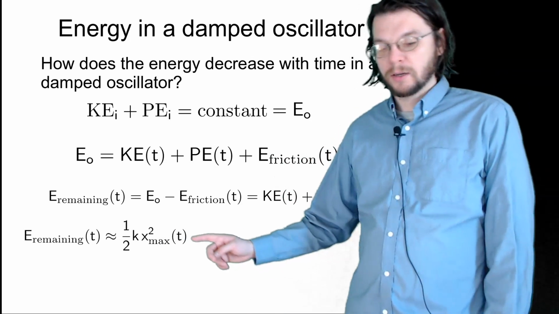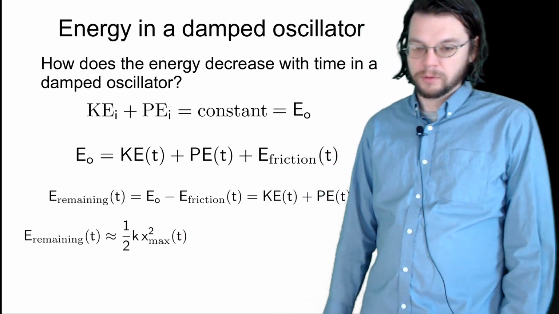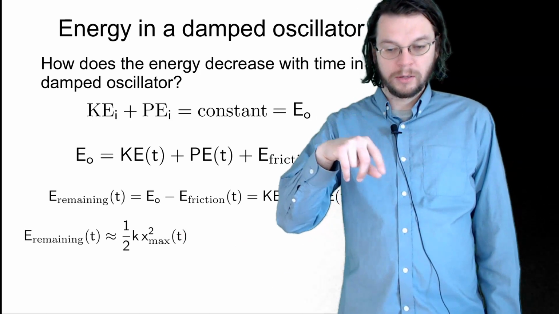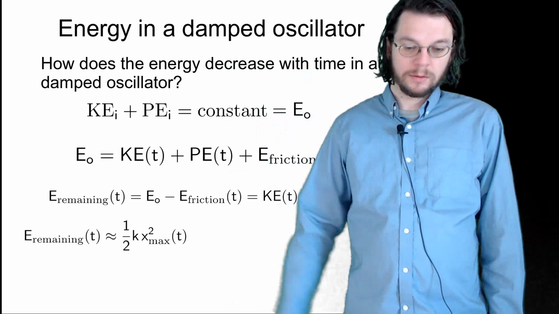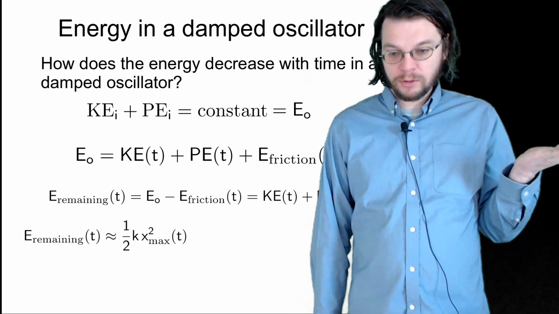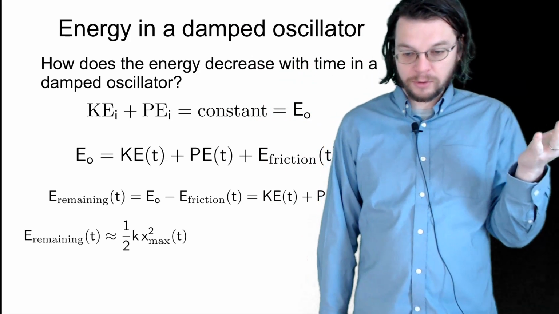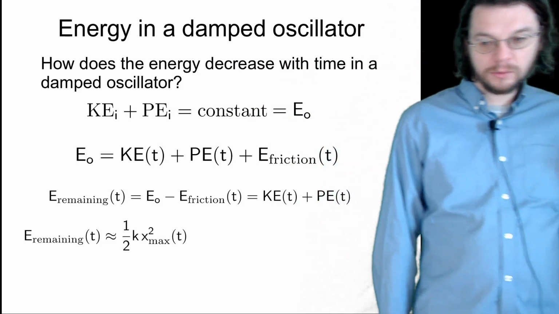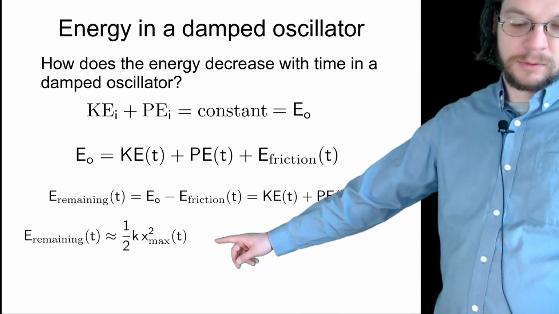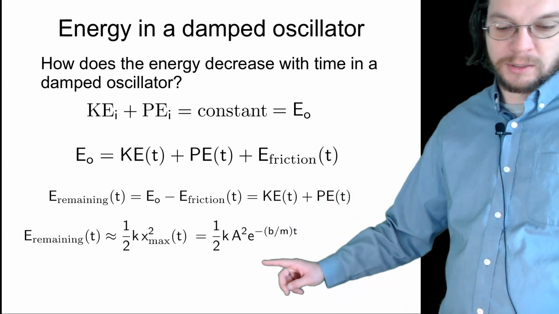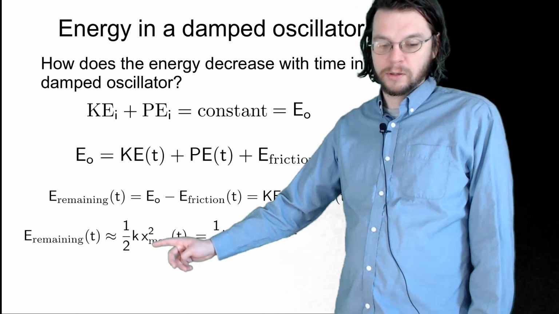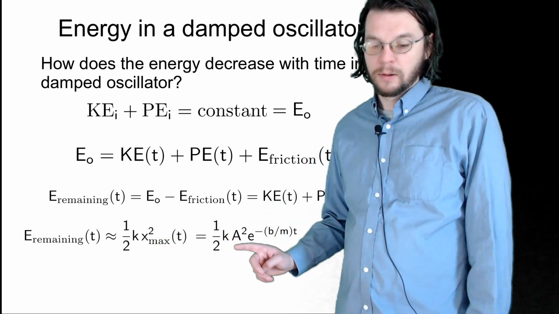Now what's interesting is that we know what x is as a function of time, right? We spent a long time figuring that out. x of t equals A times e to the minus something, times a cosine or a sine function. And the maximum of that function is whenever that sine or cosine equals 1. So the maximum of this thing is going to be the amplitude times that exponential. Now, I've squared the amplitude here because I've got a square there.